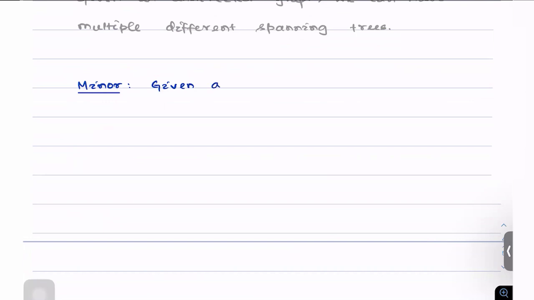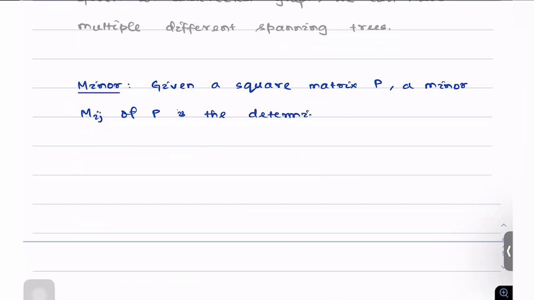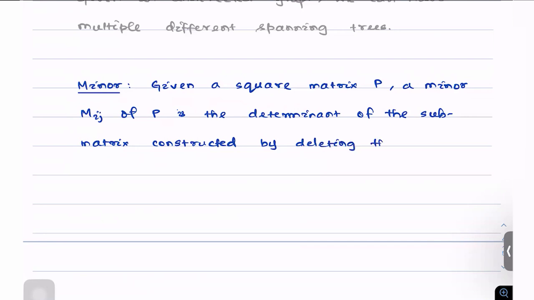Given a square matrix, say P, the minor Mij of P is the determinant of the submatrix achieved by deleting the ith row and the jth column.